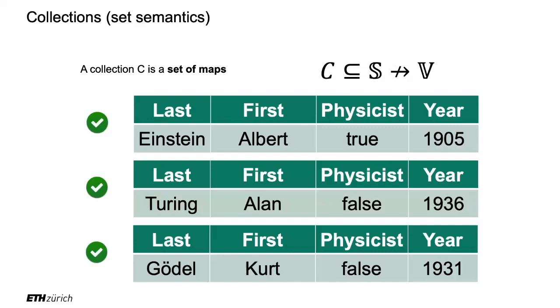That's a record. That's what we call a record. Every one of these is a record. So record, map from string to value, tuple, these are all the same thing. It's a row in a table. A set of records, yes. Group would be a casual way of calling it, but the mathematical term is set.